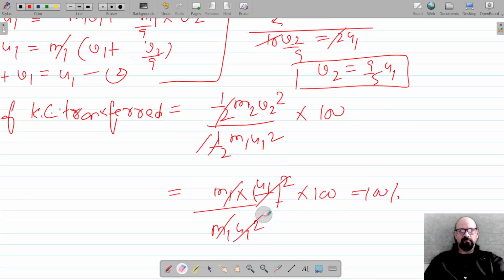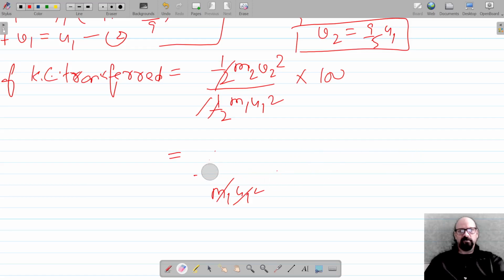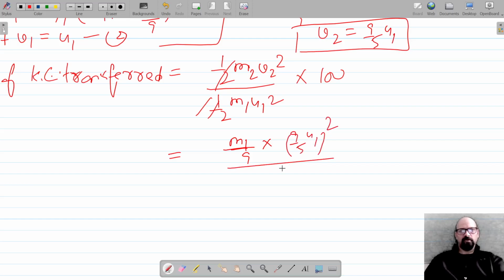And here we are going to replace the value of v2 square. Half and half get cancelled. m2 is 1 by 9 of the first body, v2 is 9 by 5 times u1, squared, upon m1 into u1 square into 100. m1 gets cancelled.